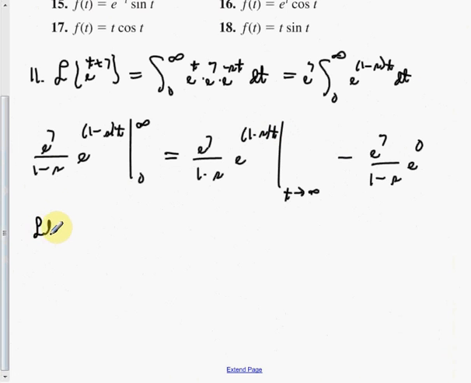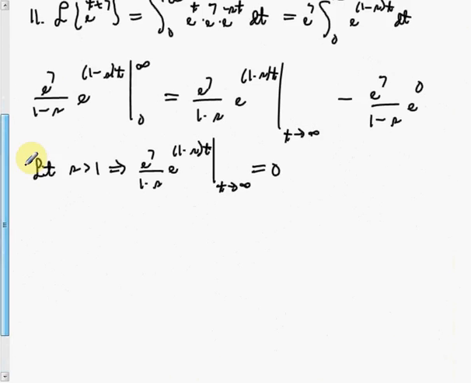We say here, let s be greater than 1. That implies that e to the 7th over 1 minus s times e to the 1 minus s times t, as t goes to infinity, goes to 0. So my answer is just that last term, that tail over there.